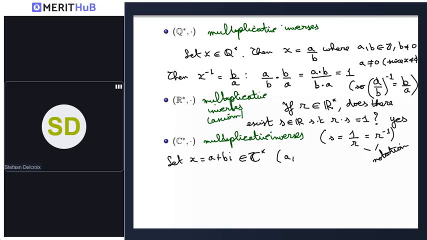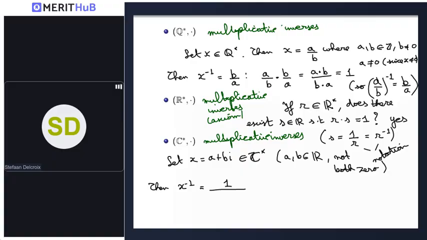That means a and b are real numbers, and somehow they're not both 0, because if they were both 0, then x would be 0, and it's not 0. So what is x inverse?